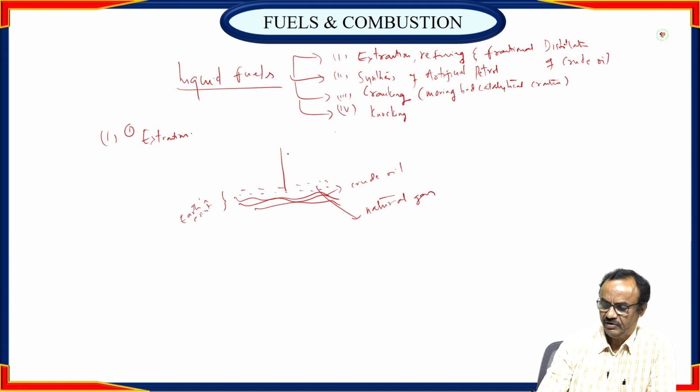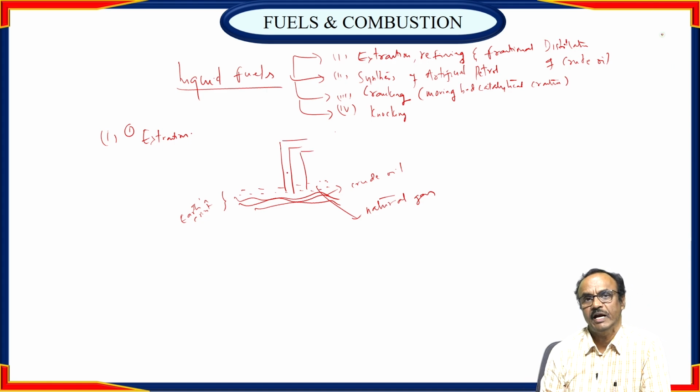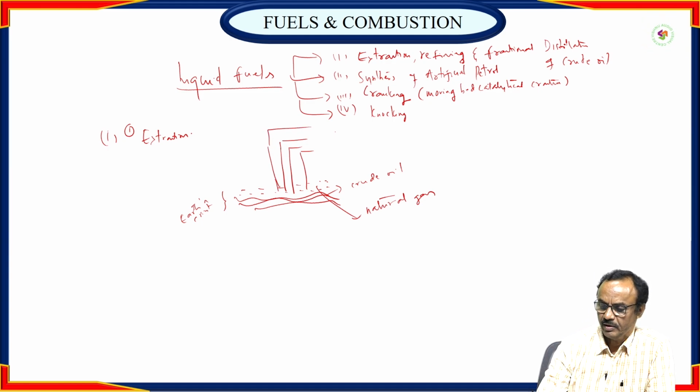Just like bore wells, we make a hole by drilling. After drilling, we insert pipelines. If there is no hydrostatic pressure, we need to insert another pipeline, the outer pipeline.